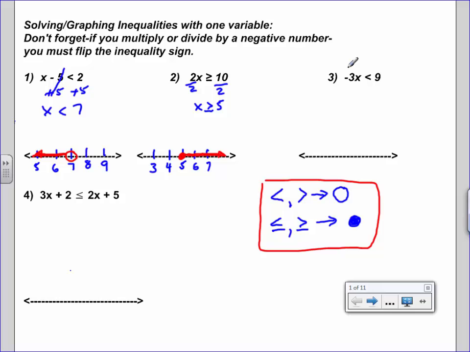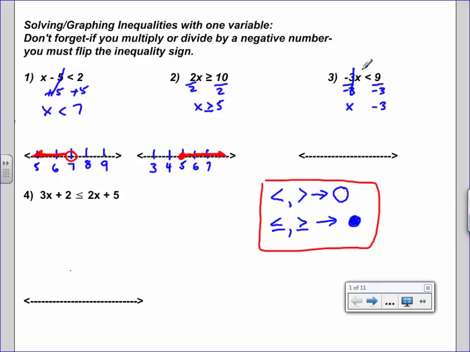The next one, we have negative 3x is less than 9. In this problem, we divide by negative 3. So now we have x, 9 divided by negative 3 is negative 3. Don't forget what it said up here. If you multiply or divide by a negative, you flip the inequality.